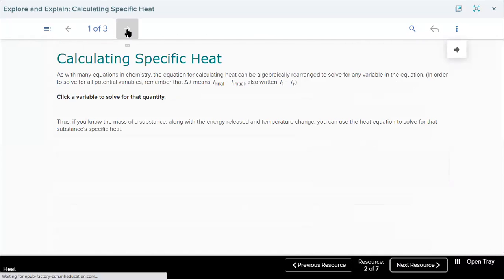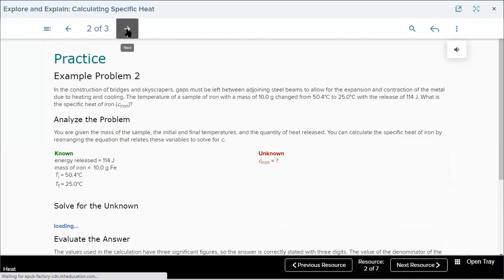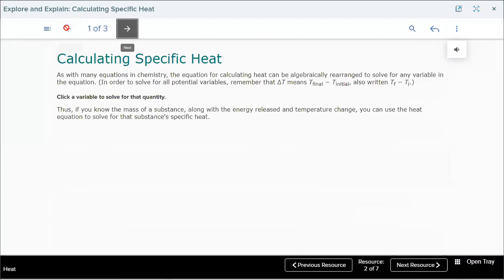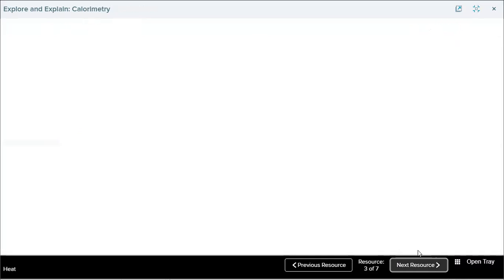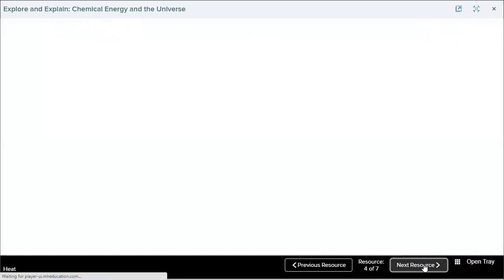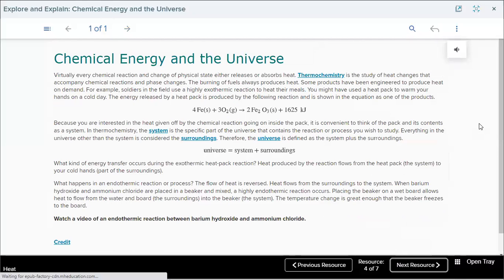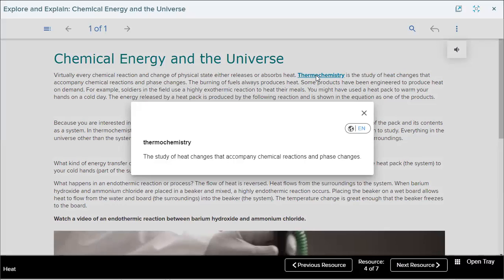Specific heat. Okay, not now. Chemical energy and the universe. It's the definition of thermochemistry. What's meant by thermochemistry, Mariam?